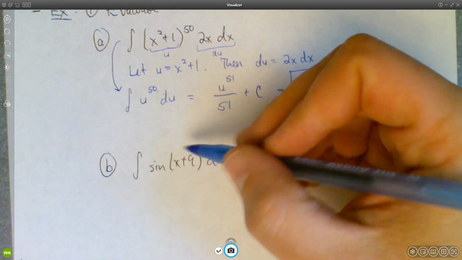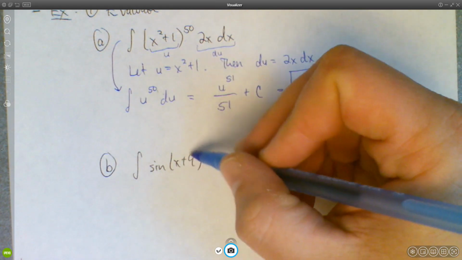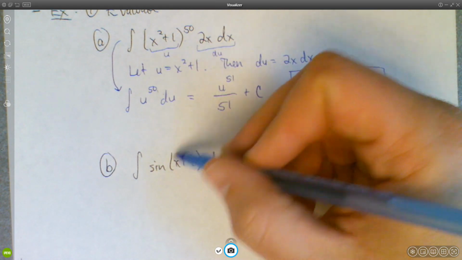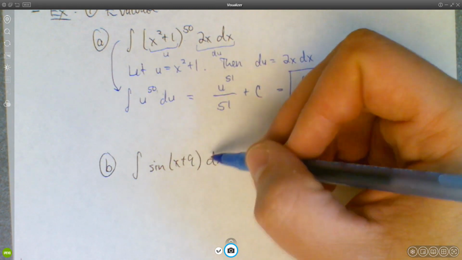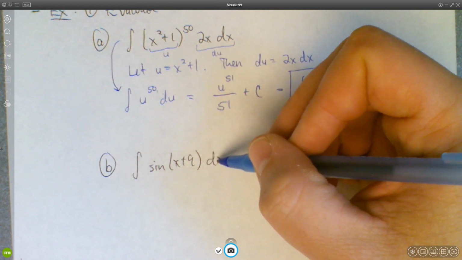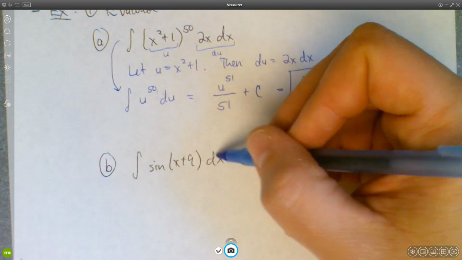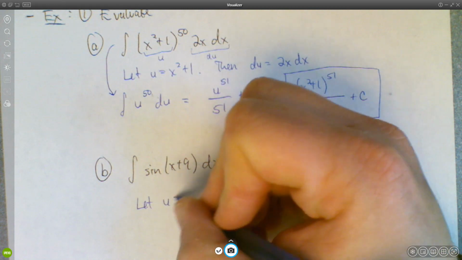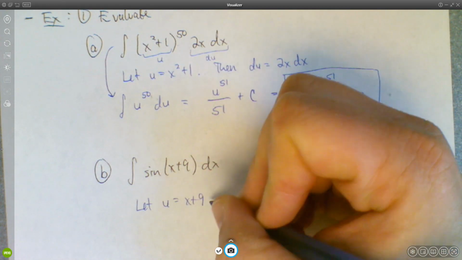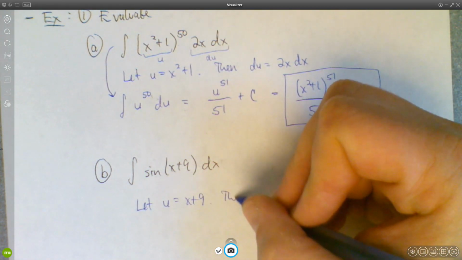We can say, if I let u equal x plus 9, the derivative of x plus 9 is just 1 dx, or in other words, just dx, right? So the derivative of this stuff is sitting right here. So I'm going to let u equal x plus 9, okay?